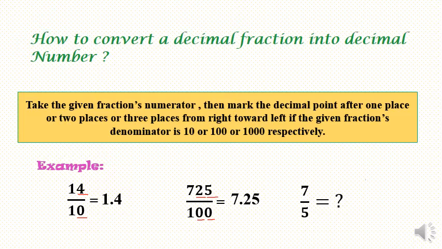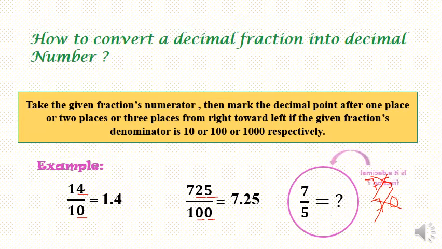Now, can you write this one as a decimal number? Some think that the answer will be 7.5. And some thought that it's 7.0. But they are all wrong. We said that to write the answer as a decimal number, the denominator must be a power of 10. 10 or 100 or 1000 or 10,000 and so on.